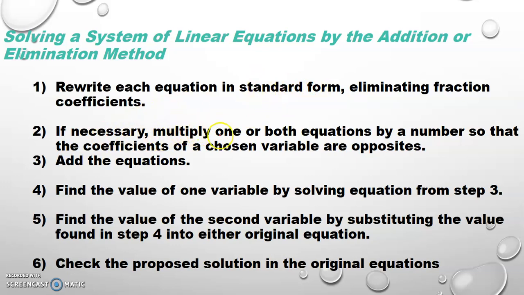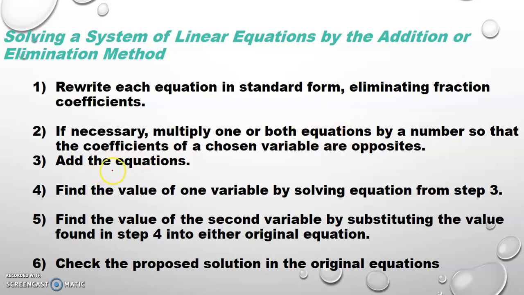If necessary, multiply one or both equations by a number so that the coefficients of the chosen variable are opposites. You can multiply both, or you can multiply just one equation so that you can eliminate the x or y values.